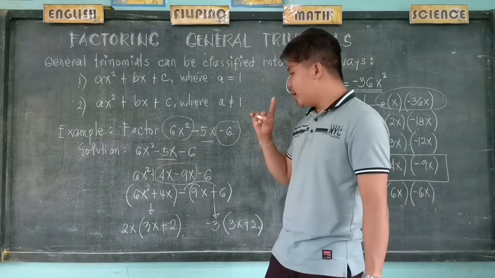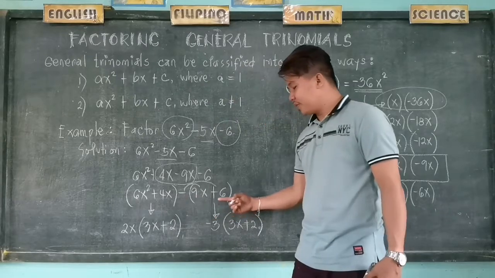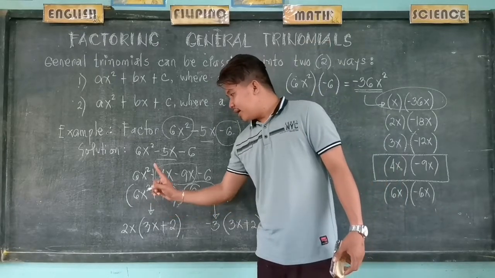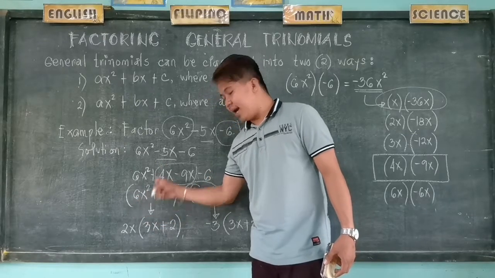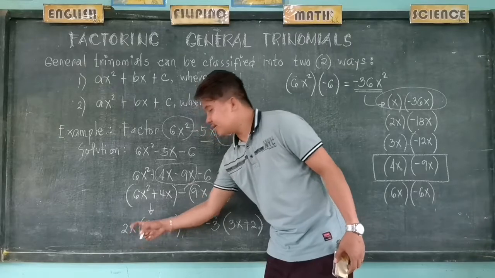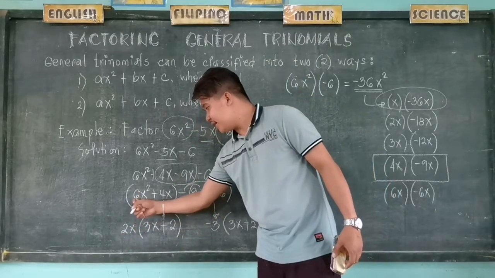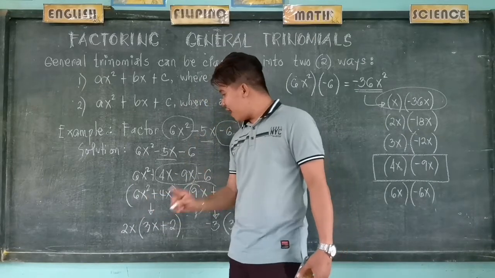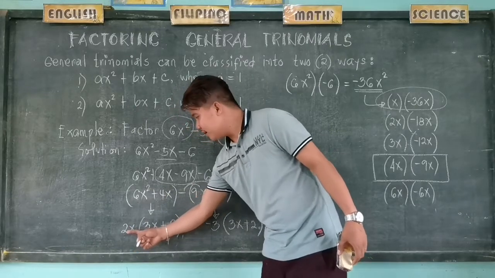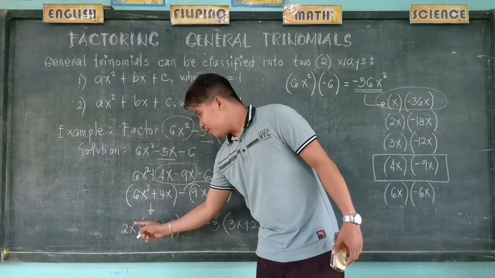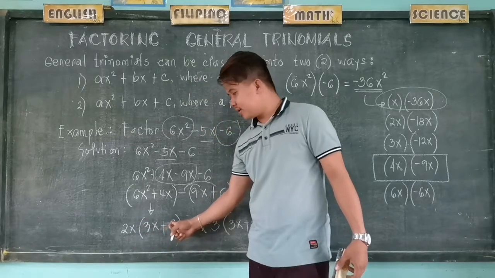Next, we will factor the groups. The first group, second group. We'll factor this one. The common factor of 6x squared and 4x is 2x. Why 2x? 2 is the common factor of 6 and 4, and x is the common factor of x squared and x. So we have 2x. Then, why is it that we have 3x plus 2 in here?